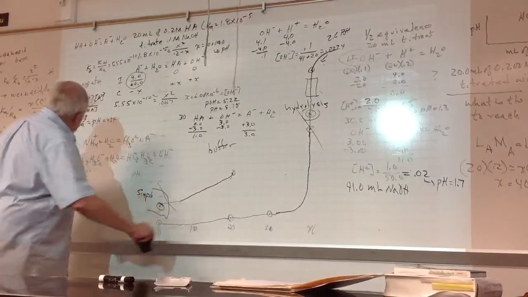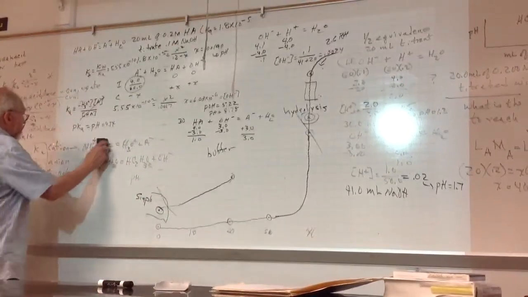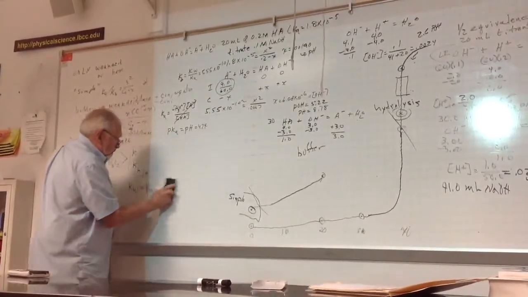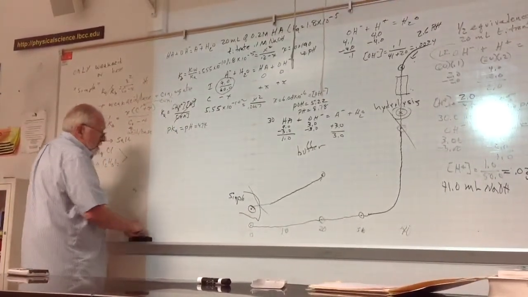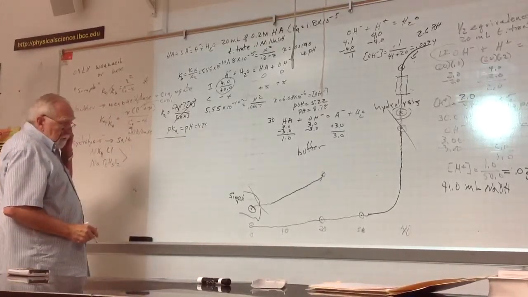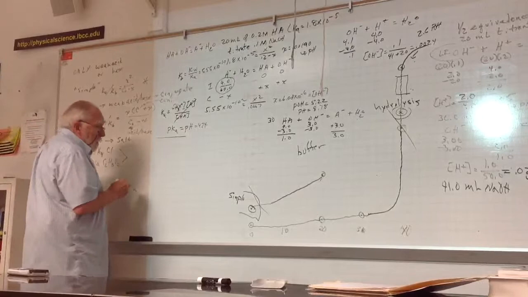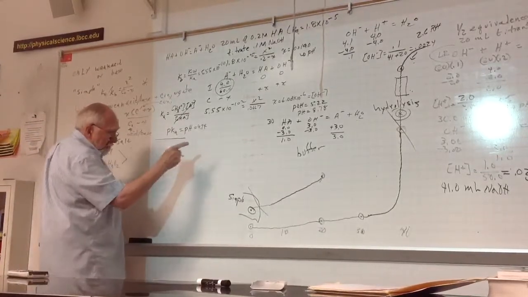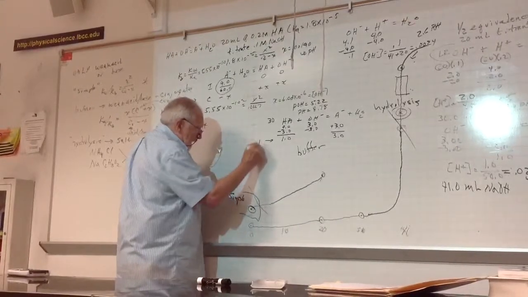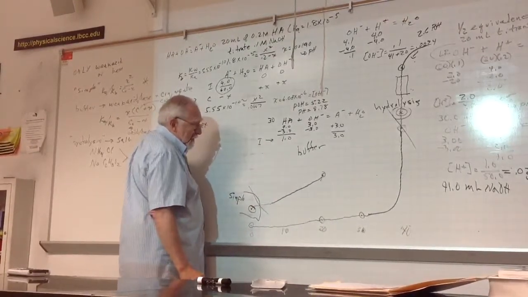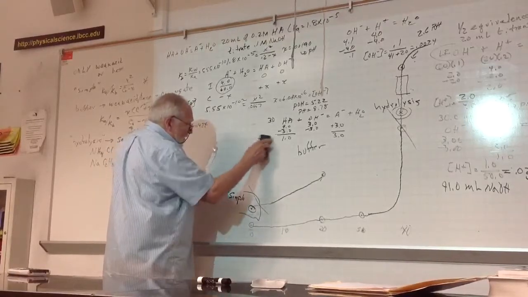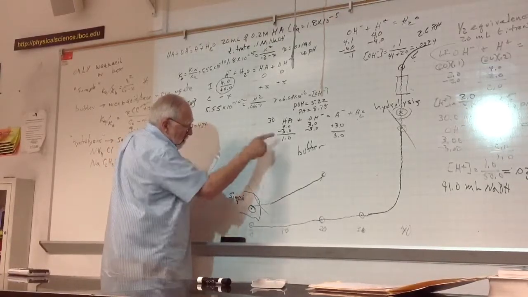I don't need any of this other stuff because I've already talked about this, so it's board space. So I'm doing the calculation for the buffer solution now. And I have my amounts here. That's my stoichiometry.